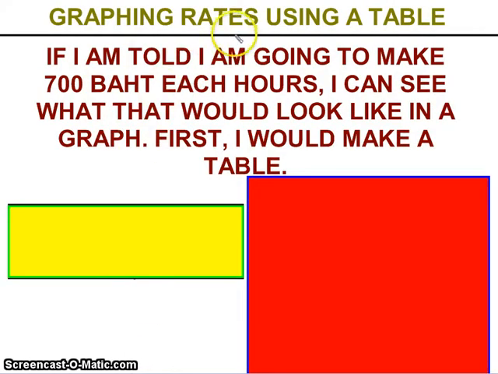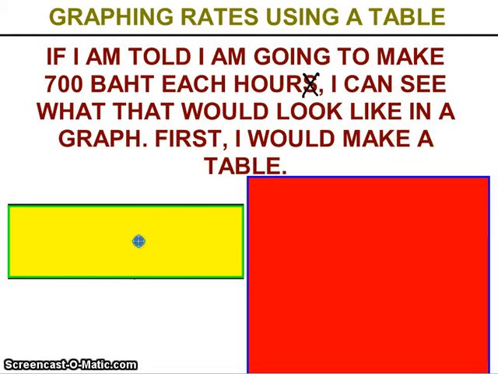Graphing. Okay. This is something we're going to start doing more of, and we're going to need to recognize something that we're going to see tomorrow in class. Okay. If I'm told I'm going to make 700 baht each hour, I can see what that would look like in a graph. First, I would make a table.